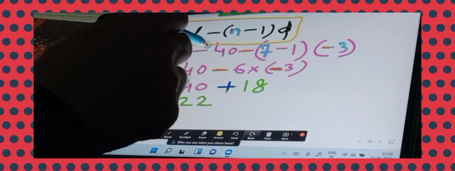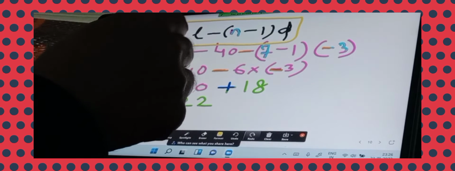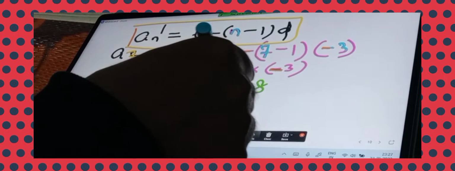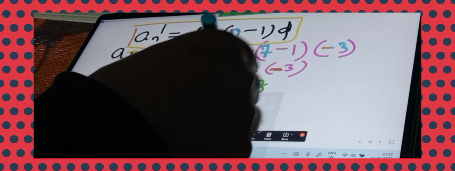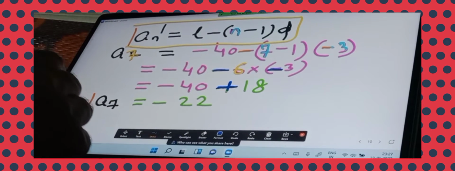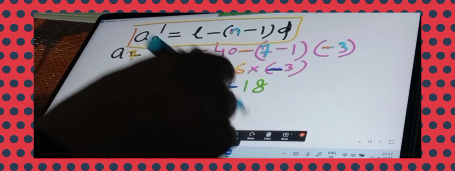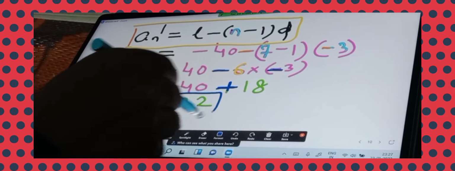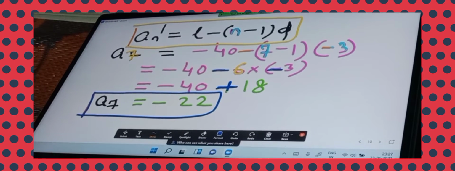So A7 is equal to minus 40 minus 7 minus 1 whole into minus 3. That is minus 40 minus 6 into minus 3. Minus into minus is plus, 6 times 3 is 18. So minus 40 plus 18 is minus 22. Hence the seventh term of the AP from the ending, A7, is minus 22.